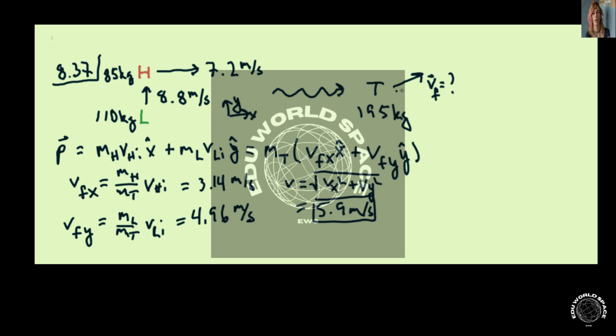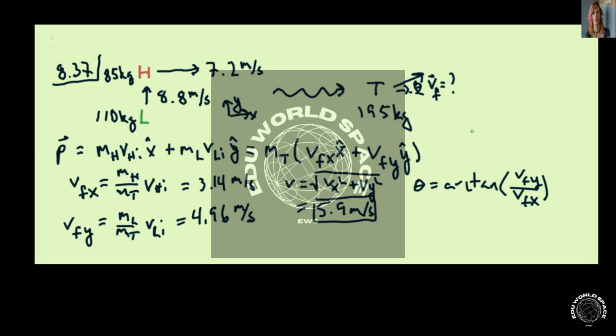And then if we take the direction, the angle north it is from east, we call that theta. That will be the arctangent of the ratio of the y component of the velocity to the x component.